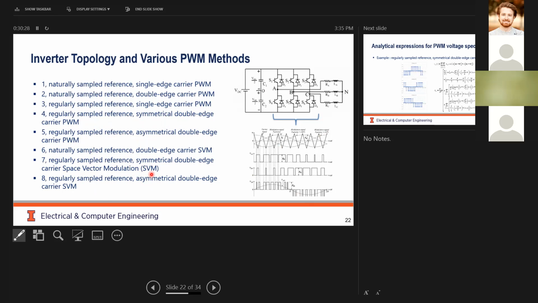If you look at the reference here, it's a perfect sinusoid. But space vector modulation is equivalent to adding a third order harmonic into this reference waveform, so that you can get about 15% higher output voltage from a certain DC bus.